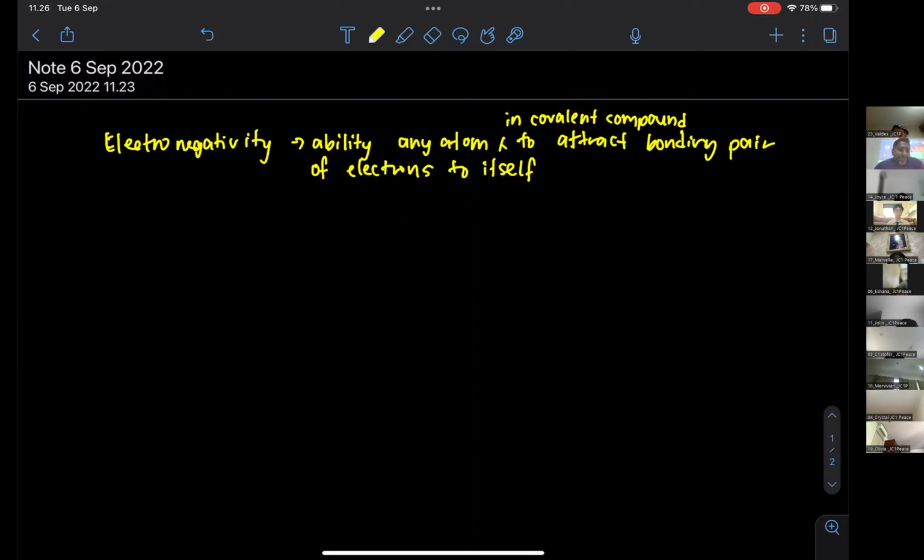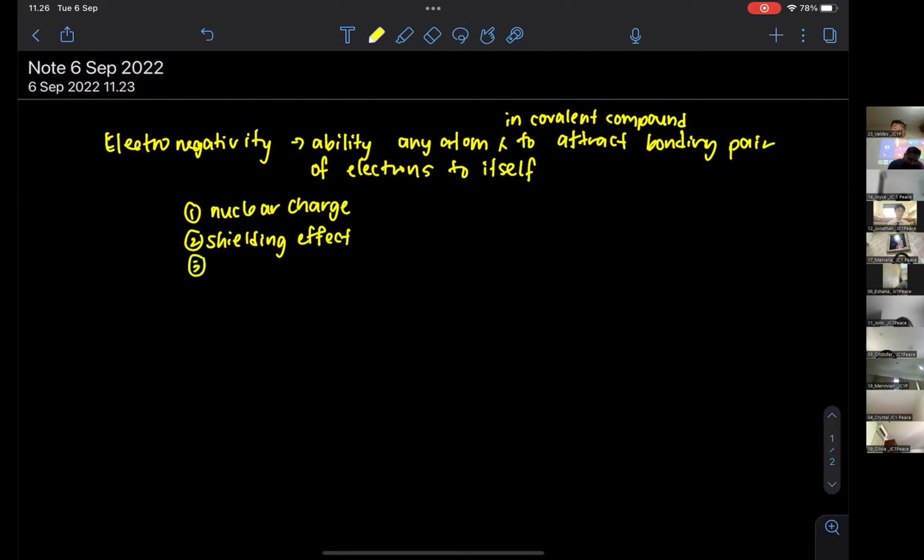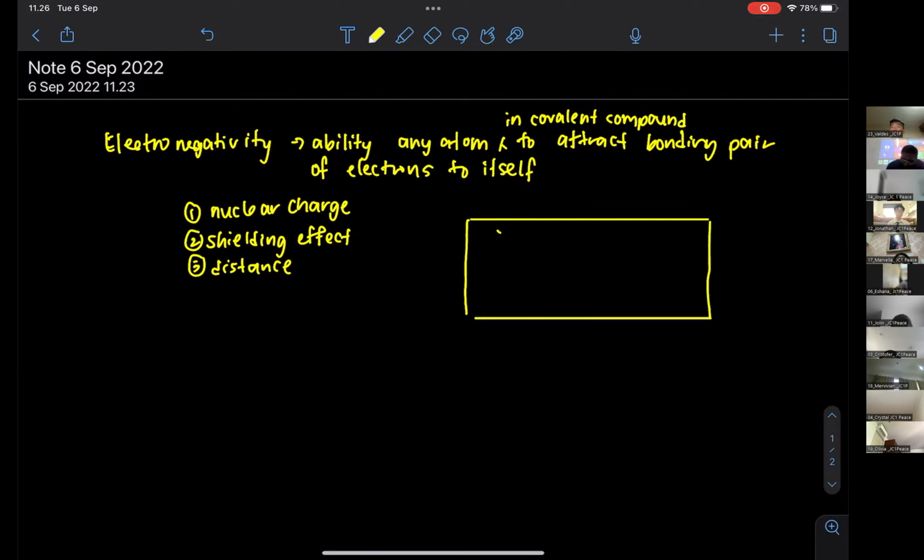And this electronegativity depends on the nuclear charge. Similar to your ionization energy, it depends on the shielding effect. It also depends on the distance. If you look at the periodic table, within the same period, we have learned that the radius becomes smaller and smaller when you go across.